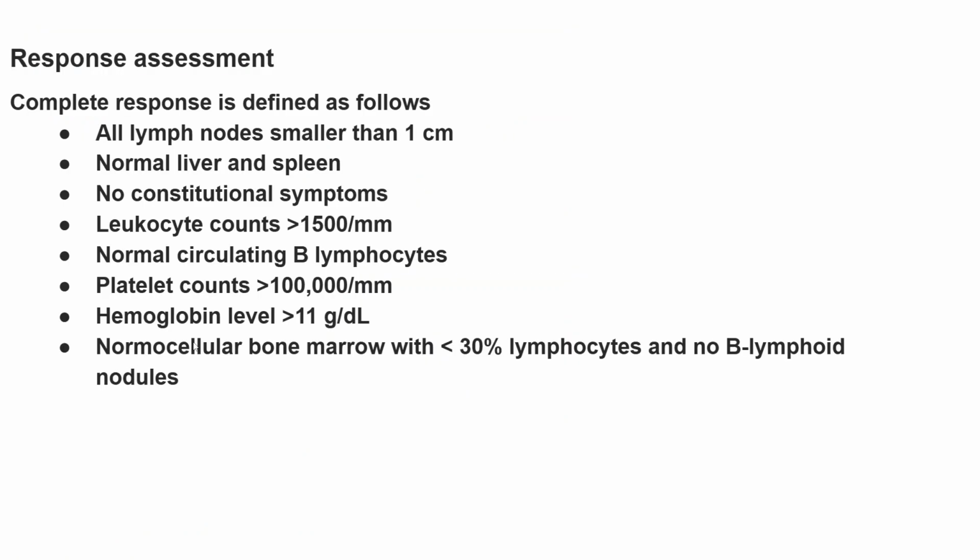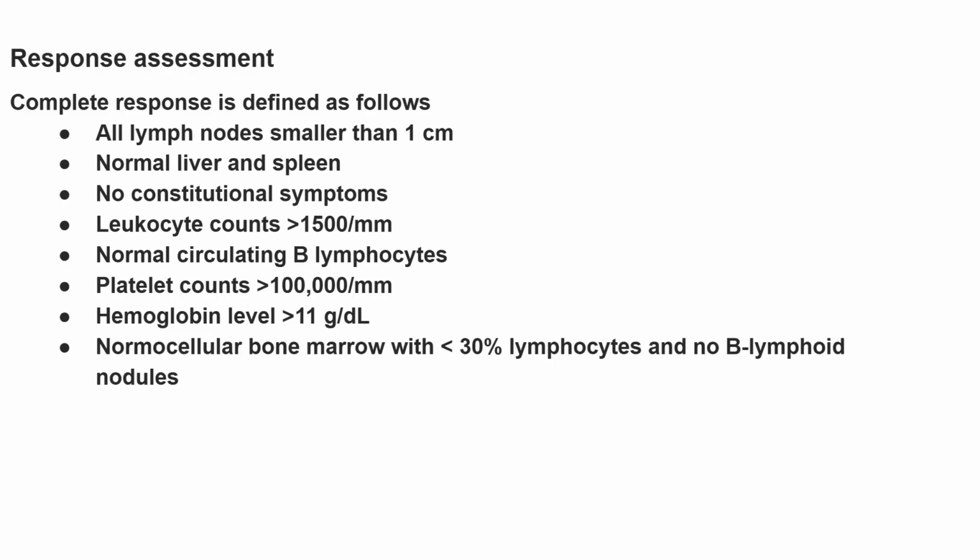Response to the treatment is assessed as follows. Complete response is defined as all lymph nodes smaller than 1 centimeter, liver and spleen normal in size, no constitutional symptoms, leukocyte count more than 1500 per cubic millimeter, normal circulating lymphocytes, platelet count more than 1 lakh, hemoglobin level of more than 11 grams, and normal cellular bone marrow with less than 30% lymphocytes and no B lymphoid nodules.